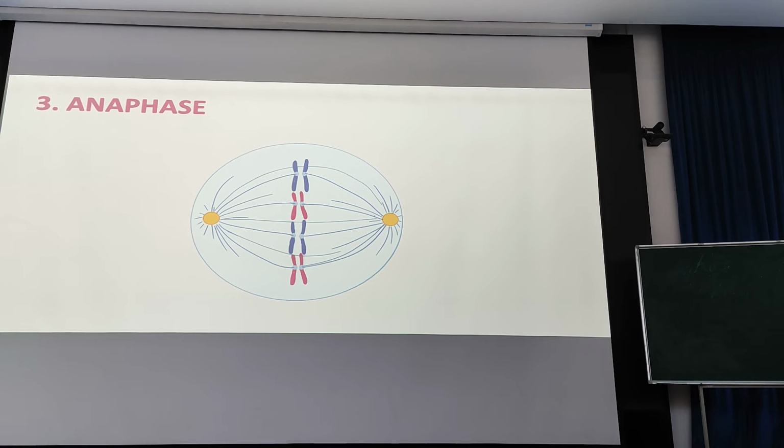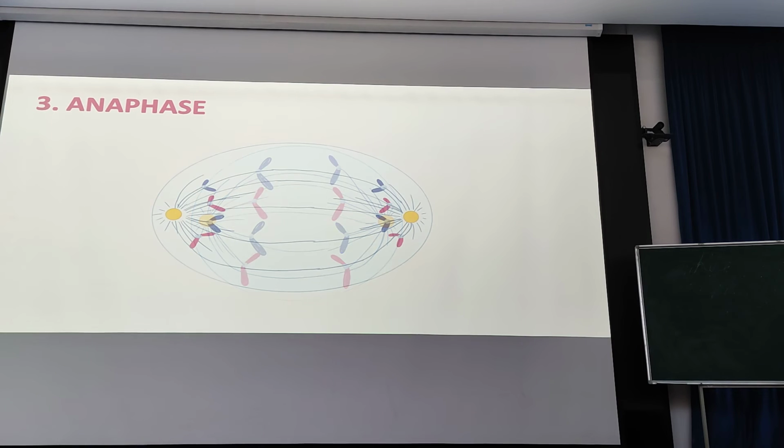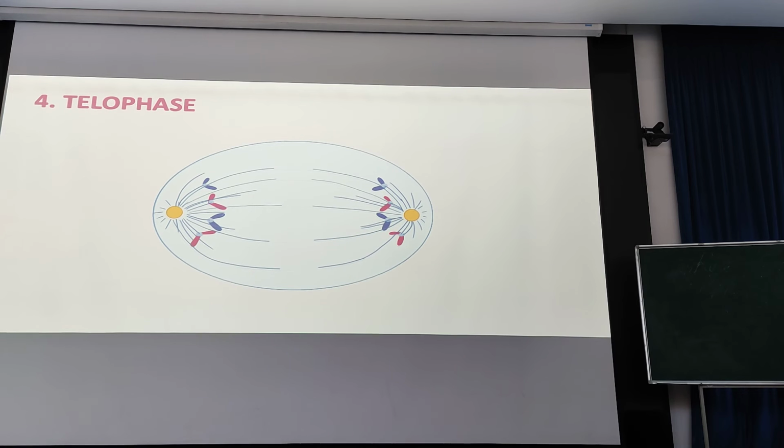The sister chromatids are separated by the shortening of microtubules and move to the poles. And the final phase in mitosis is telophase.